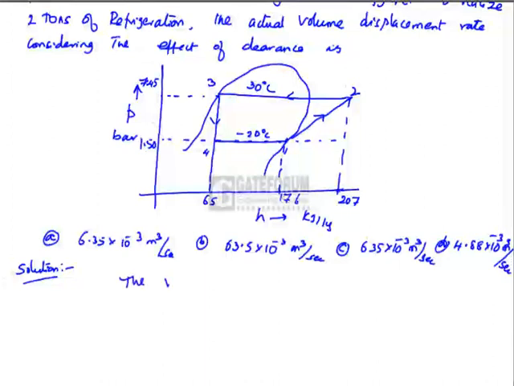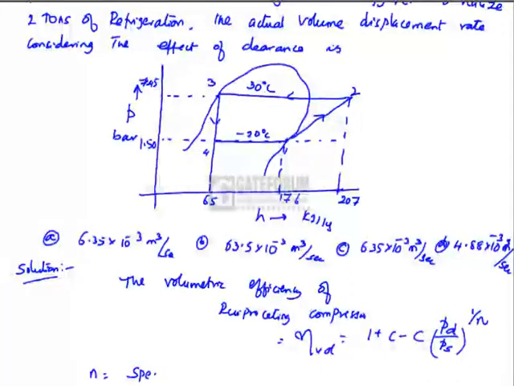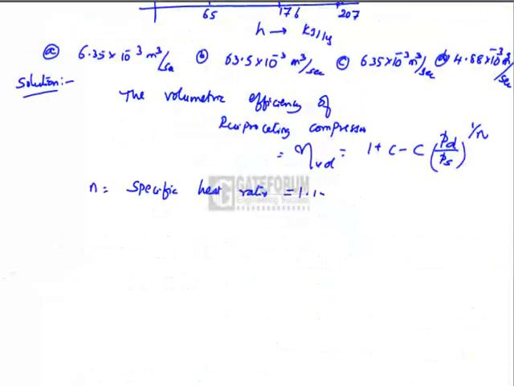The volumetric efficiency of reciprocating compressor is equal to one plus C minus C P delivery by P suction whole to the power of 1 by N, where N here is the specific heat ratio of the refrigerant, which is given as 1.15.